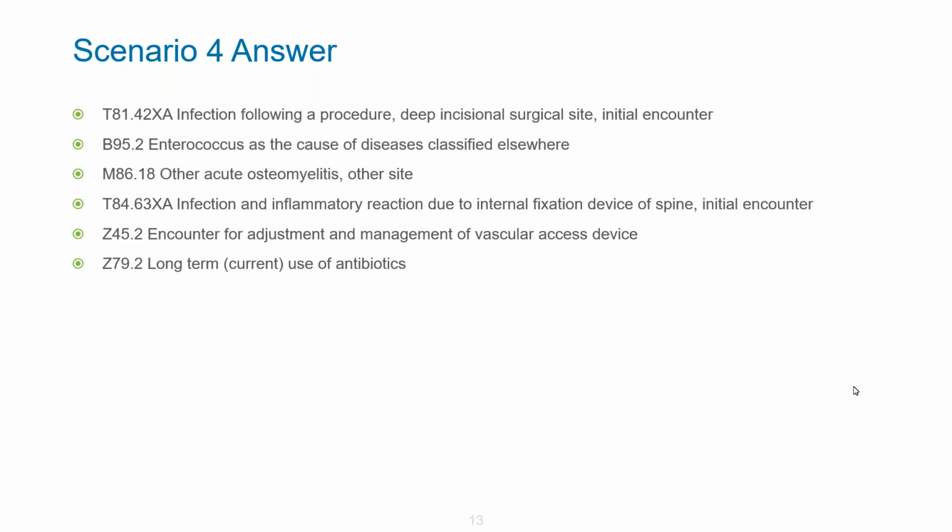We did get a question on scenario number 4 about sequencing, and the questioner is wondering, why is the M86.18 sequenced ahead of the T84.63XA? You could reverse them if you wanted to.